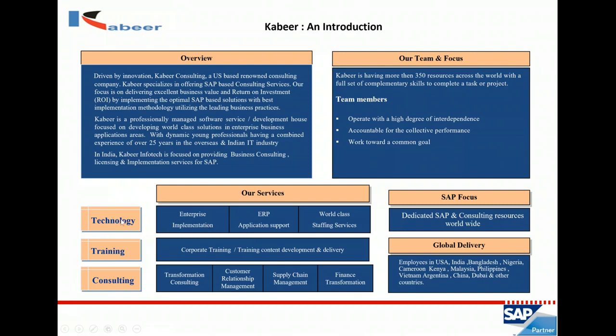We do technology, in which we do SAP implementations. We are an SAP partner. We do a lot of activity related to training. And we also do consulting services. And then we have offices in the US, India, Bangladesh, Nigeria, and a few other countries.